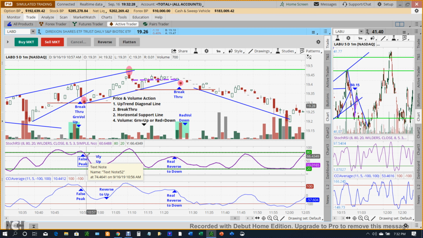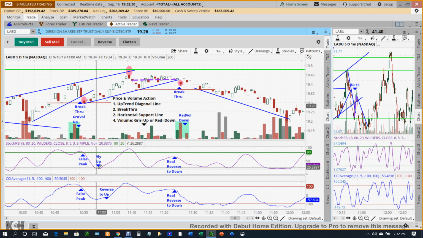Then a little bit of time goes by, and you hit the valley, and I think that's a legitimate valley. It would have been better if the purple line was below and up. And then as far as CCI, notice that it does a reversal right here and then reverses up.